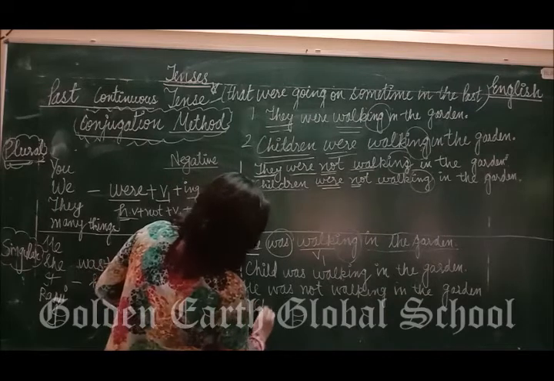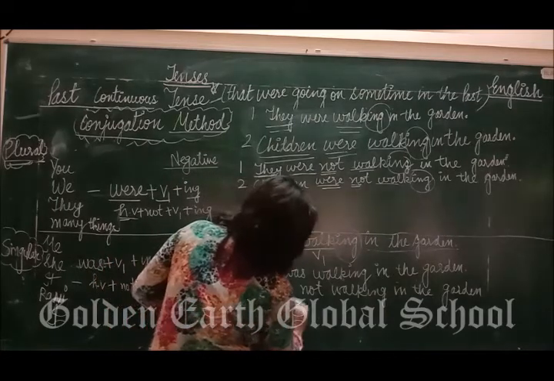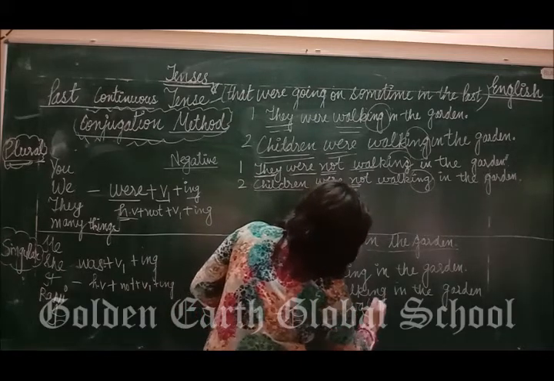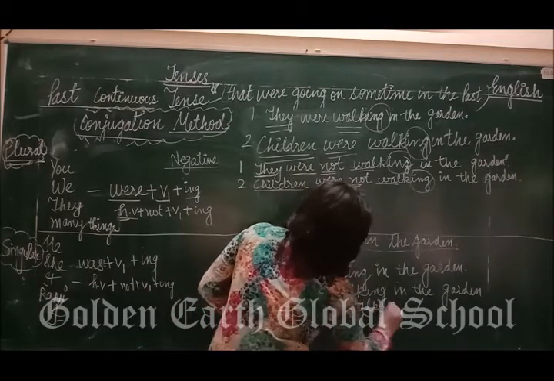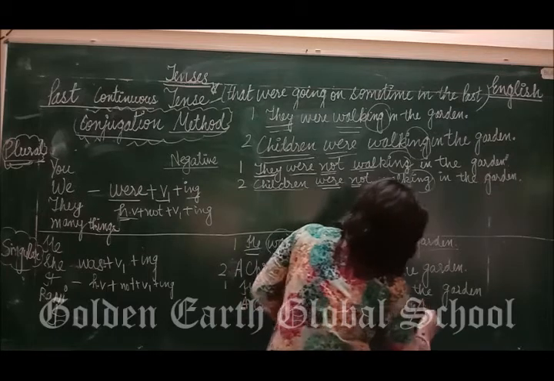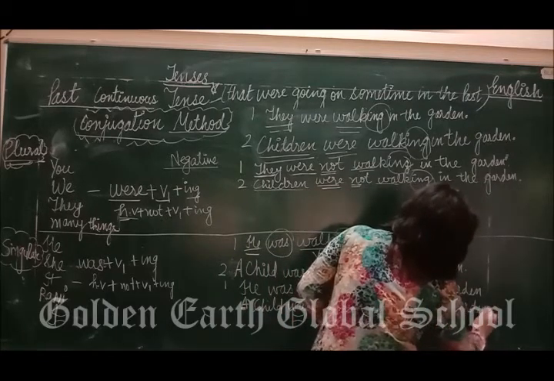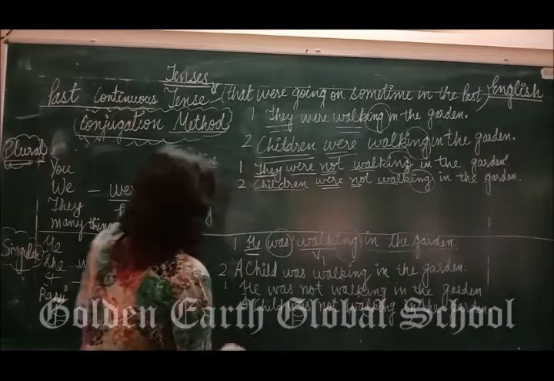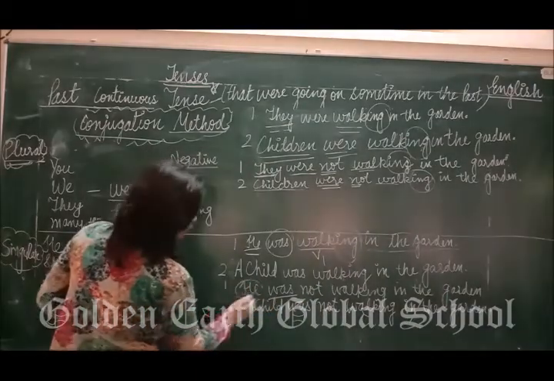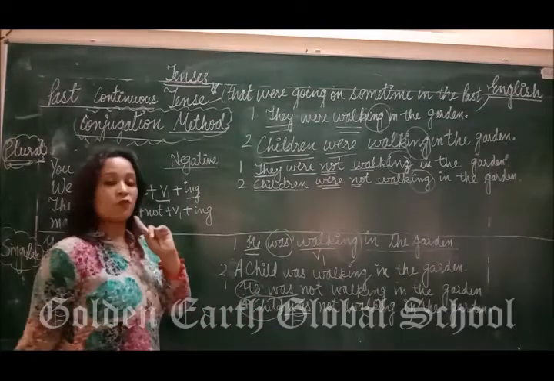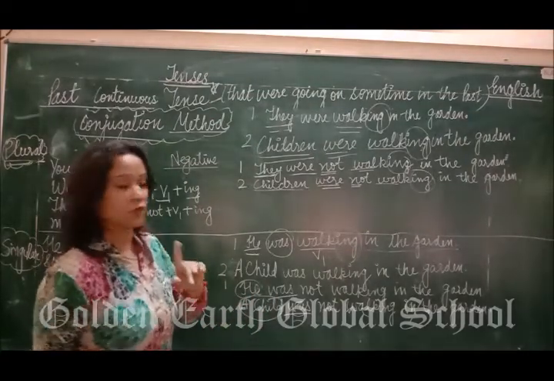A child was not walking in the garden. Here we have used was according to the subject. Means for one, we are talking about one person only here.